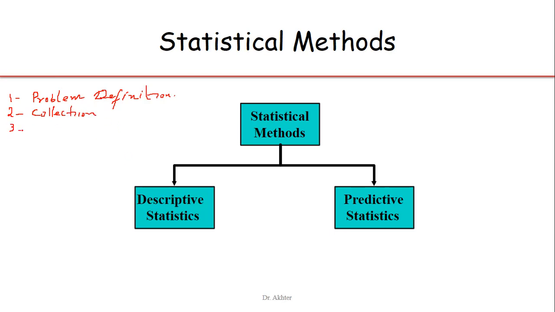The step number 3 is to make some tables like tabulation, or we can call it as classification. Then fourth step is visualization, in which we make the graph or charts for the different variables in our data set.